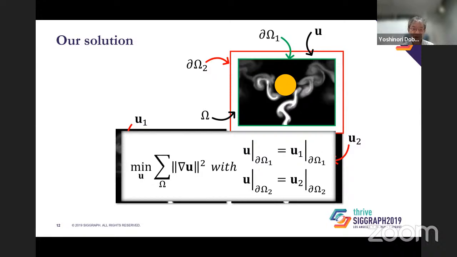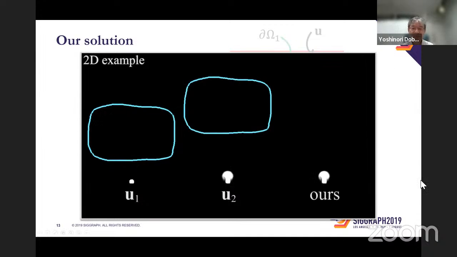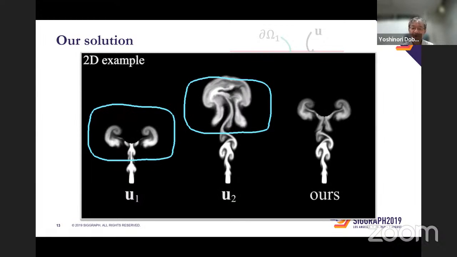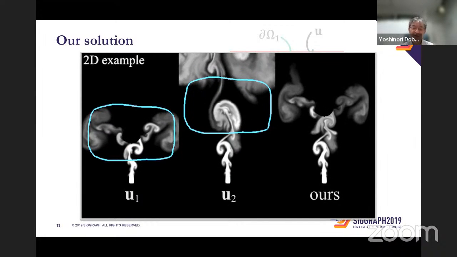Let me show you the same example, but with our method. In this case, we can obtain the expected and convincing result. Okay, let me talk about some of the details of our method.